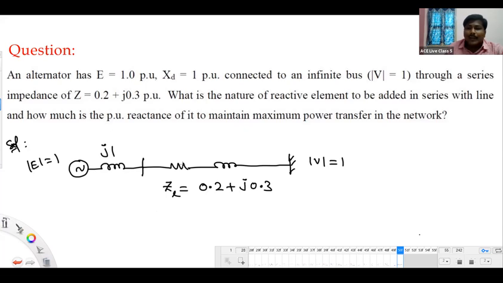Now, what is the overall impedance connecting between the two voltage sources here? Tell me, please. Have I given these questions to you in the student platform?